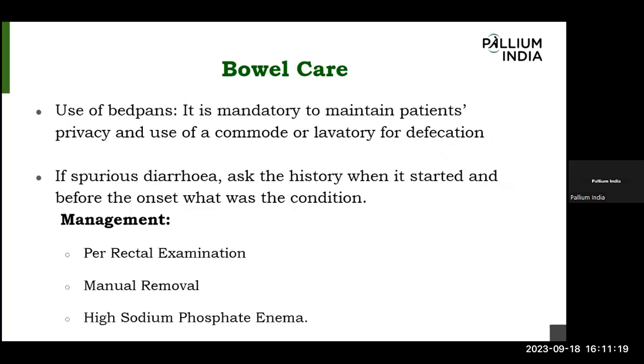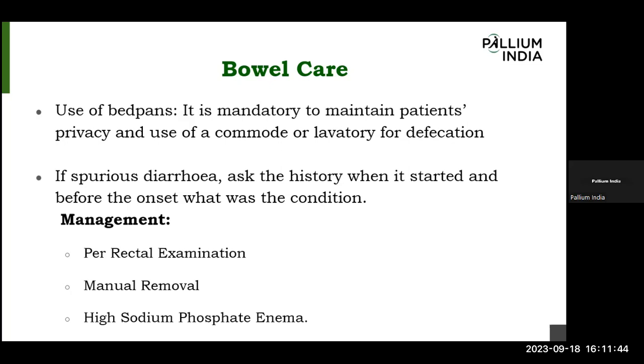And if they are not able to move to their toilet, you can use bedpans. Whether you give a commode or bedpan, it doesn't matter, you have to give proper privacy for defecation. And from the gastrointestinal session, you have heard about spurious diarrhea.